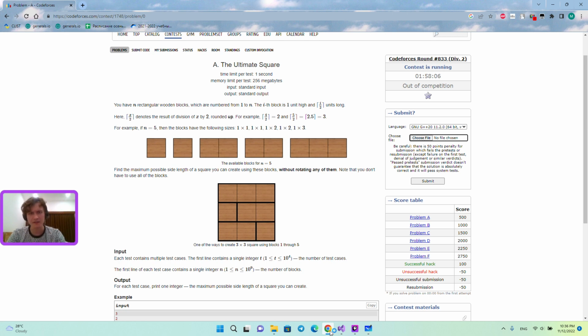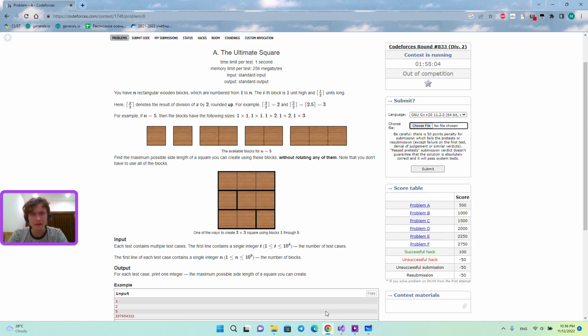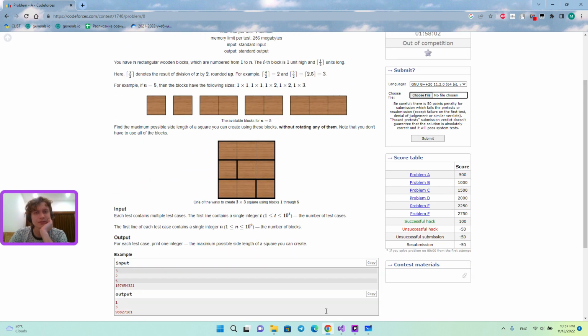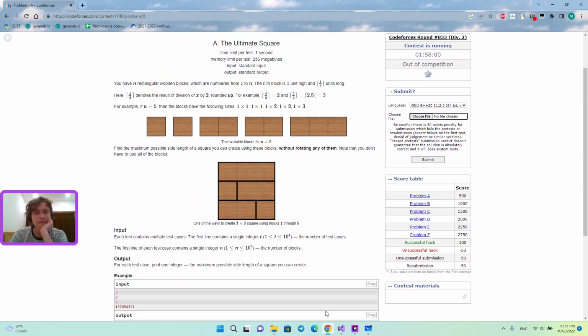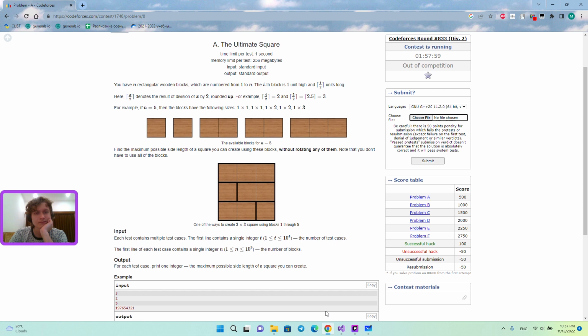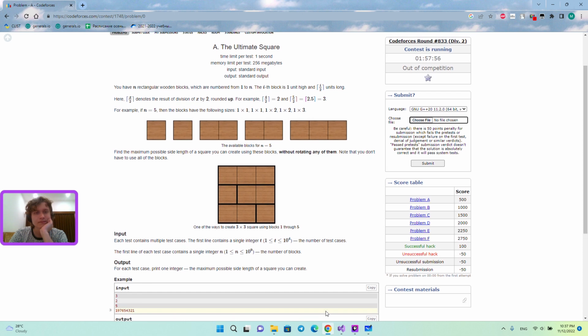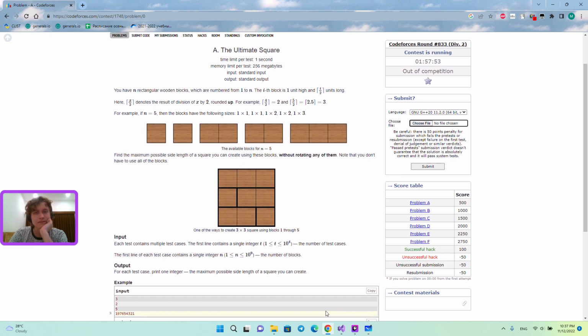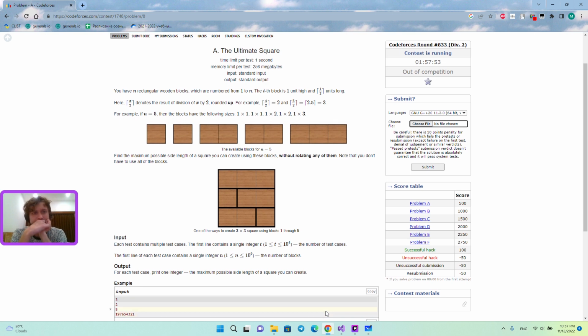Oh, it's so noisy. Ah, everything is rounded up. You know what? Everything is rounded up.